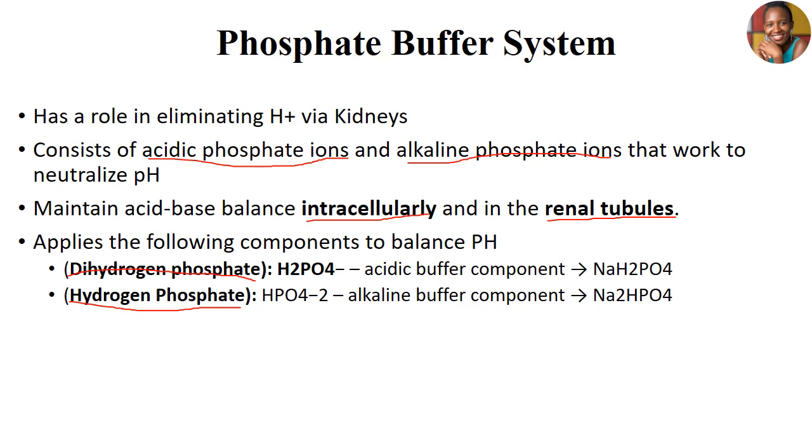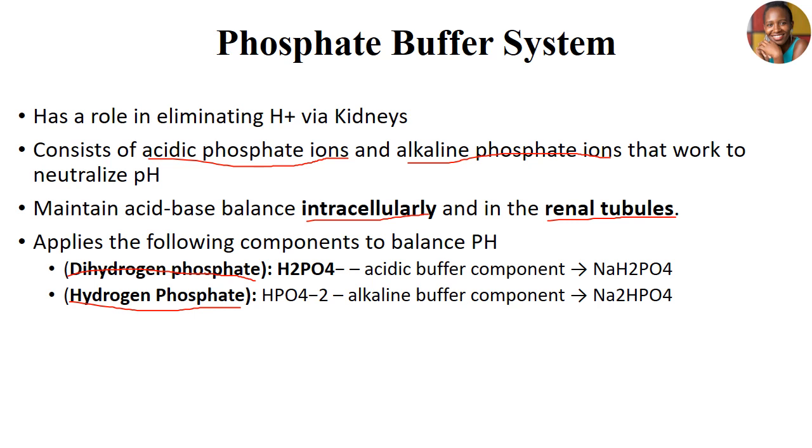These two ions react to produce a reaction we call neutralization, so that there'll be acid-base balance. If the blood is too acidic, then the alkaline phosphates will react with this acid and neutralize it and take the pH to the normal level. However, if the blood is too alkaline, then our acidic phosphates will come in, react with this base and neutralize it and take our pH to the normal levels.